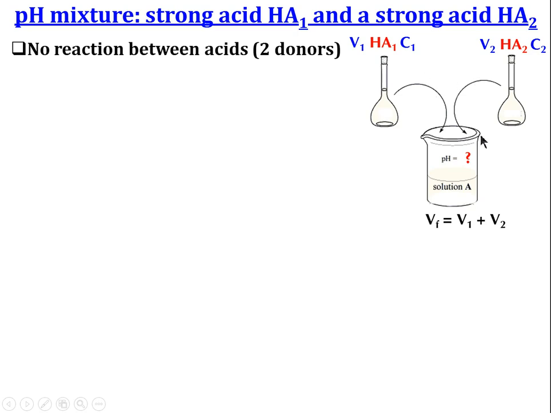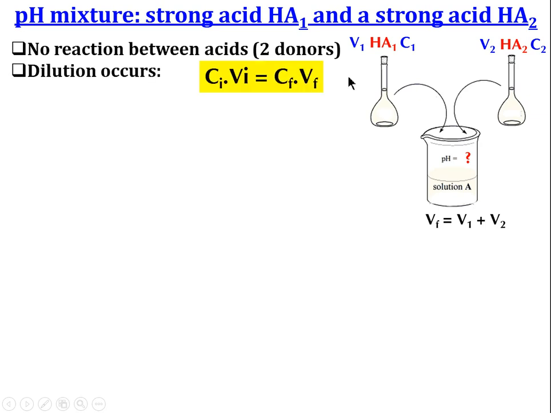In this case, we don't have a reaction, since there is no reaction between two acids which are both donors. Dilution of HA1 and HA2 occurs in the solution after mixing. So we have to calculate the new concentration of HA1 and HA2 in the solution at t equals 0.